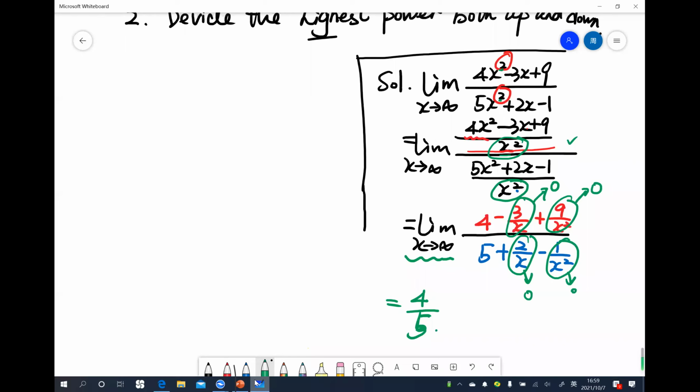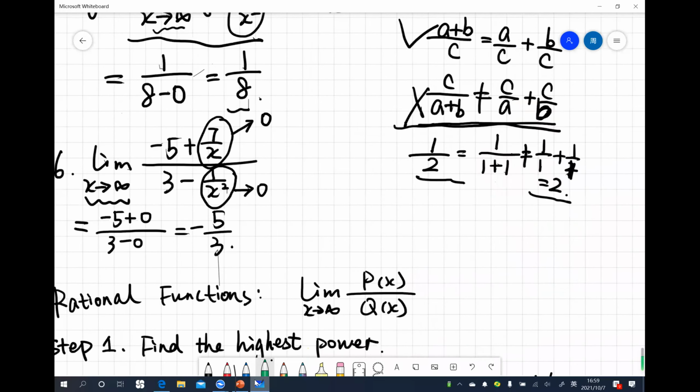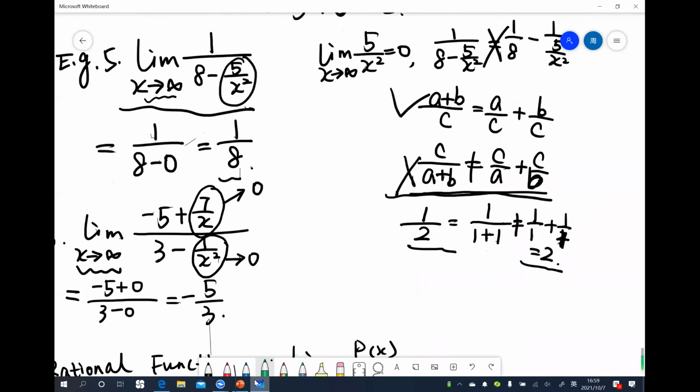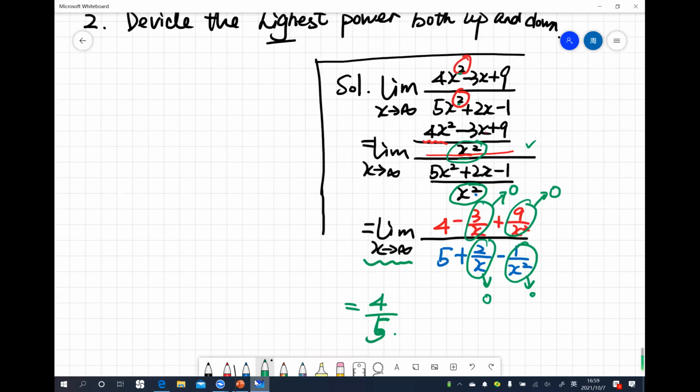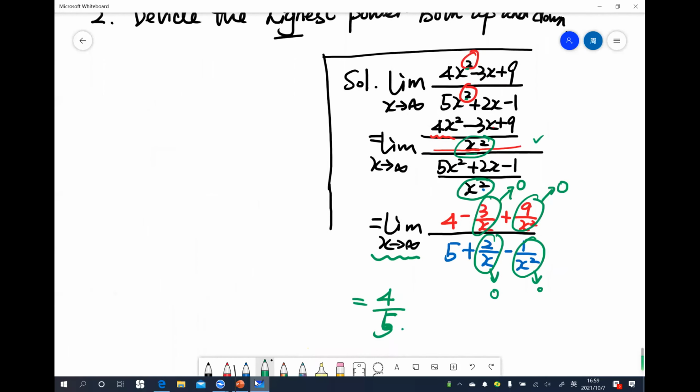And after that, we separate it. We use the formula that is here: (A plus B) by C equals A by C plus B by C, right? Now here you can see we can write it part by part.